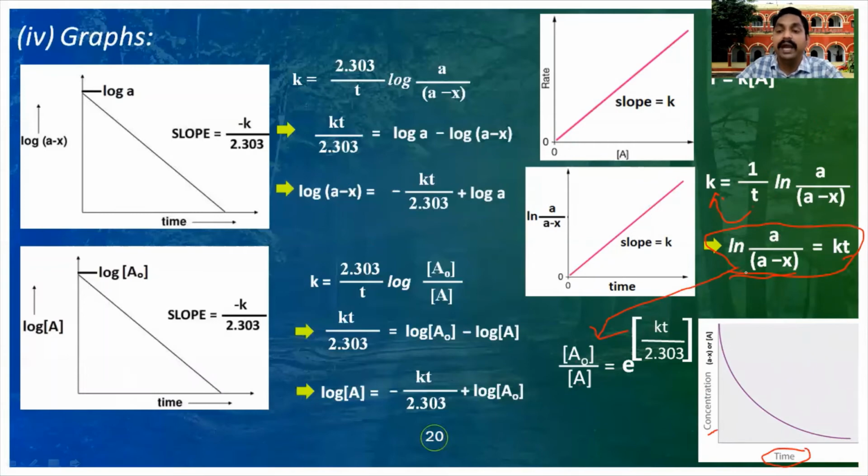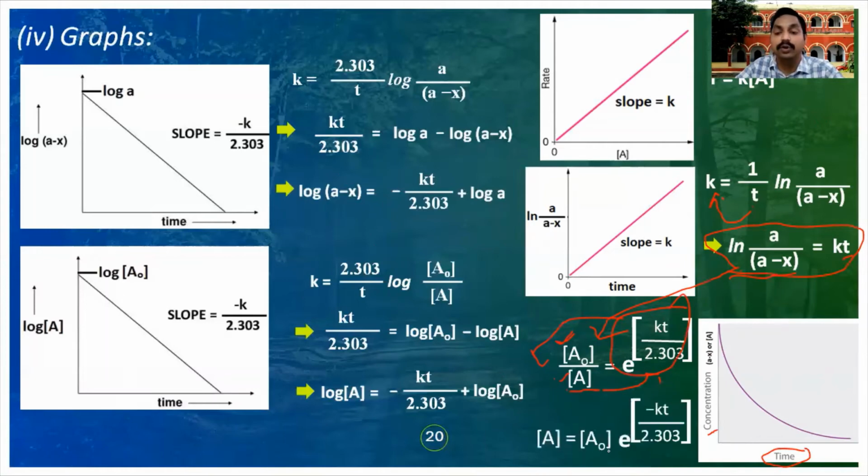So apply antilog on both sides. We will get concentration of A naught by concentration of A is equal to e power kt by 2.303. Now we need only concentration of A. So let us take this towards the right hand side and this whole expression towards the left hand side. Thus what will happen?